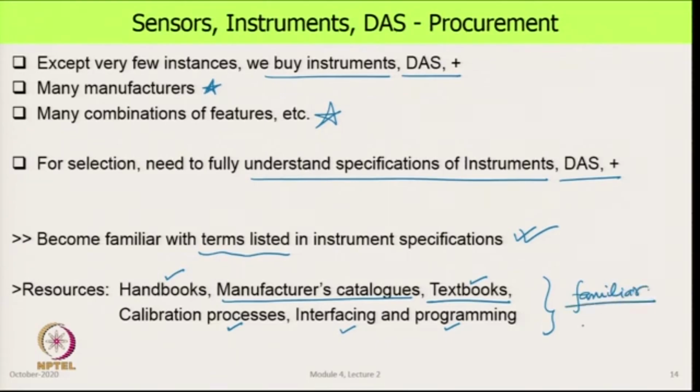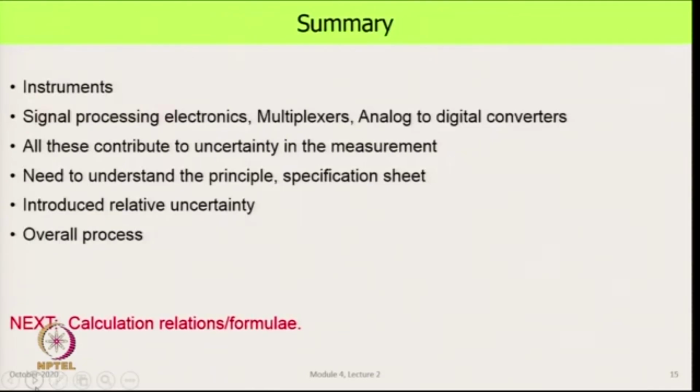And so, the world of experimentation is very interdisciplinary to begin with. So, on that note, we will conclude this lecture. And what we have done today is had a flavor for instruments, signal processing, electronics and devices like multiplexers and analog to digital converters.